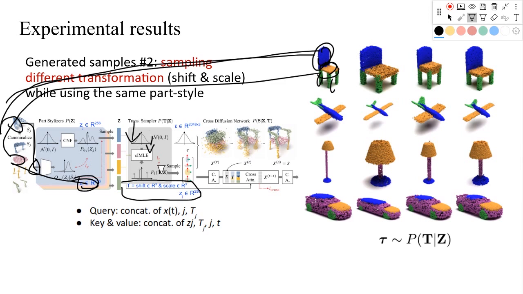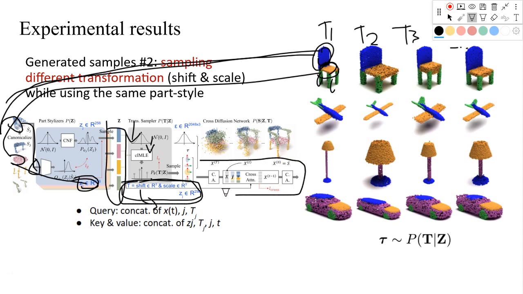We input this to generate another transformation: this is transformation 1, this is transformation 2, this is transformation 3, and so on and so forth. Later, we use these sampled transformations and also the original part style as the input of this diffusion network. And this is another result for other categories: airplane, lamp, and car here.